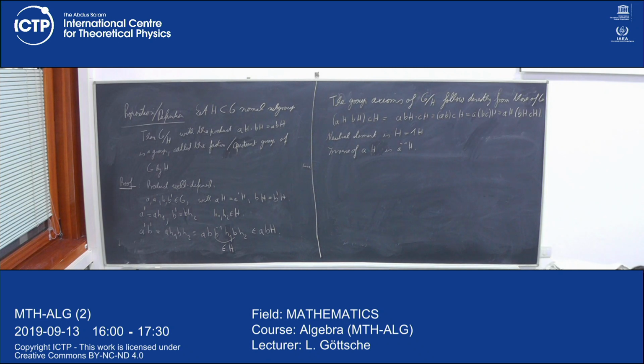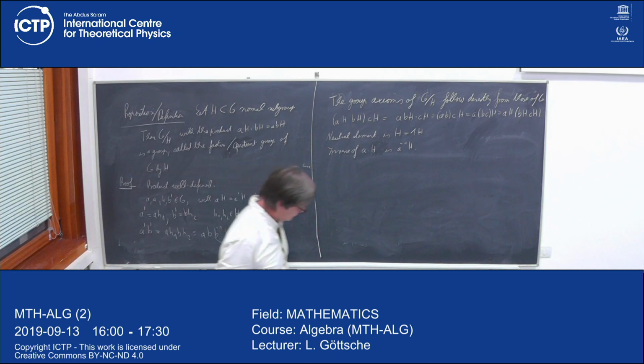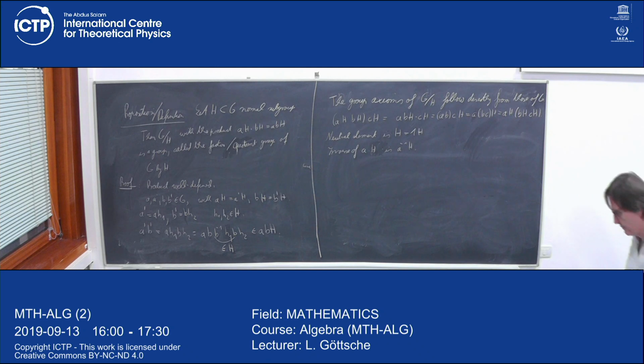Let's look at them. So now I want to briefly talk about group homomorphisms. It's a standard thing in all of mathematics that if you have some nice structure, which usually means you have a set with some structure, you are interested in the maps which are compatible with the structure.